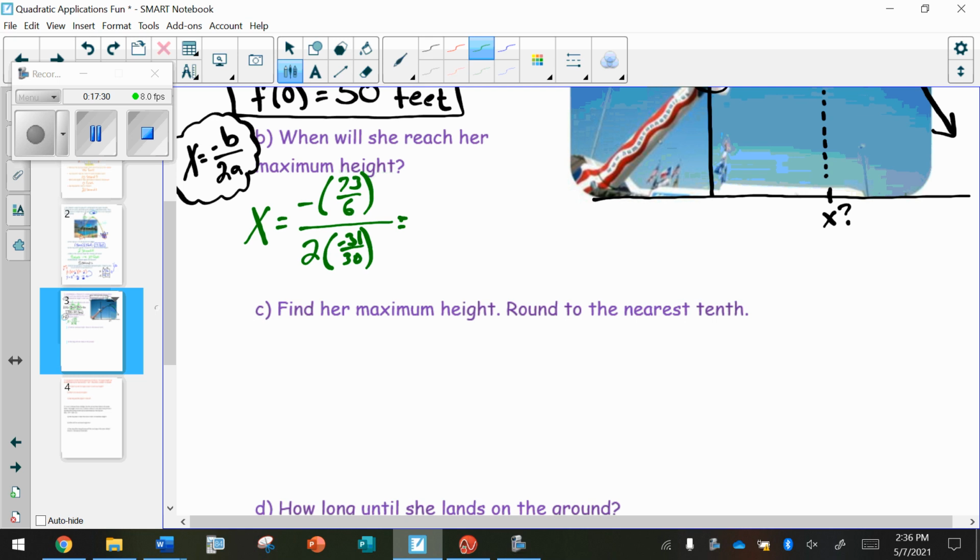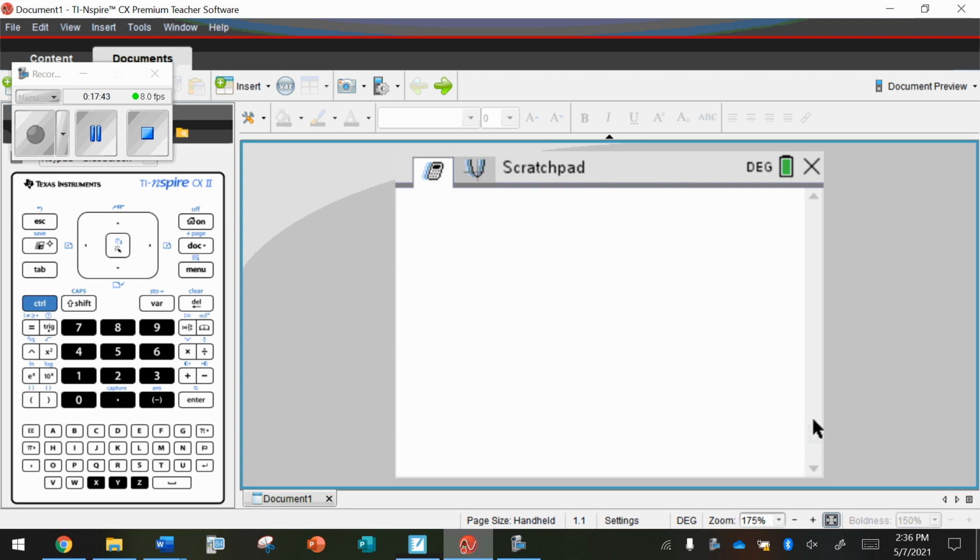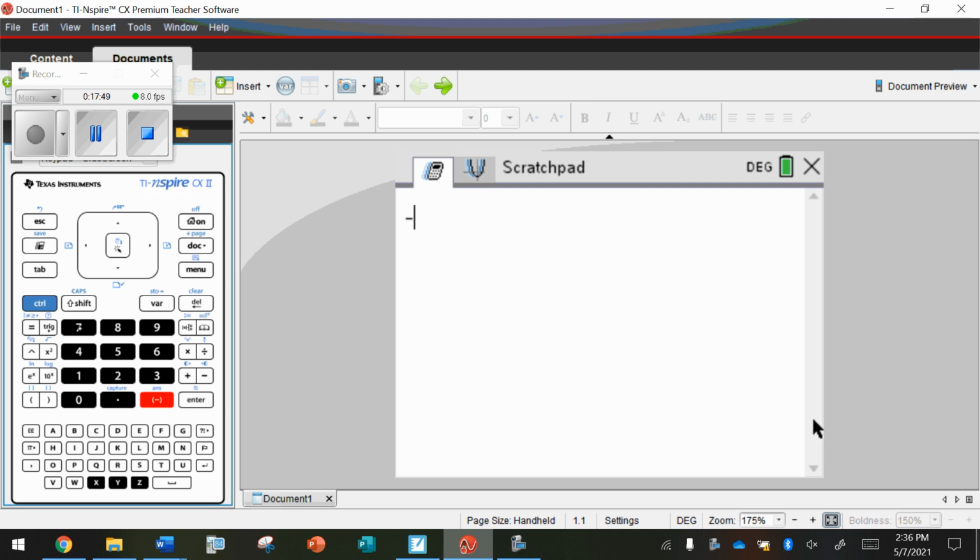Now, we can let the calculator deal with all the messy fractions. We just need to make sure we type it in carefully and correctly. So let me help you with that. The formula is negative b over 2a. So I want the negative 73/6, but I want that in parentheses.